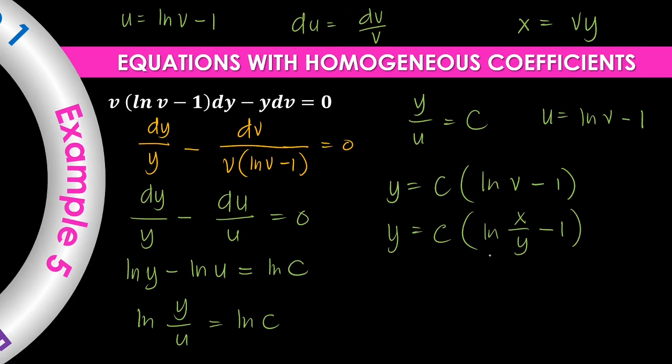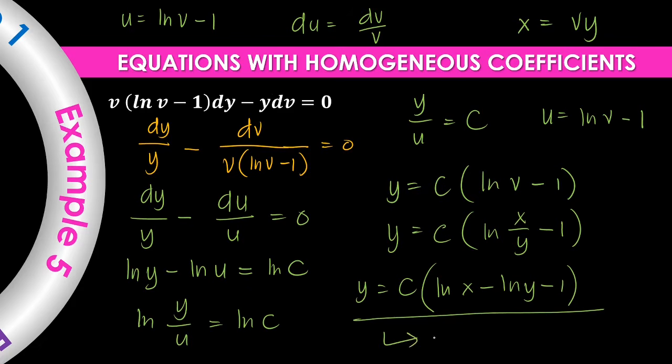So I think it would be better if I can write this as a single line. Again, applying the properties of ln, I can rewrite the general solution in this form. y equals the arbitrary constant c times ln of x minus ln of y minus 1. So this is a good looking general solution. This is our general solution.